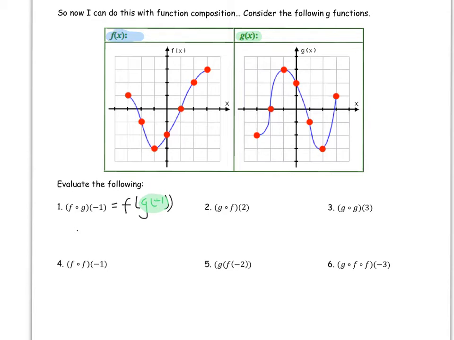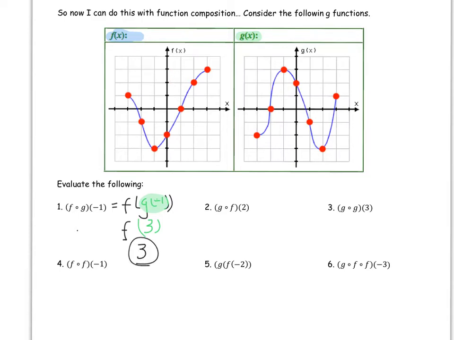Negative 1 is right there. So where is that on my graph? Right here. What's that y value? 3. Now I want to know what f of 3 is. Well, f of 3, 1, 2, 3, go up to my picture, that point right there, what's my y value? It's also 3.